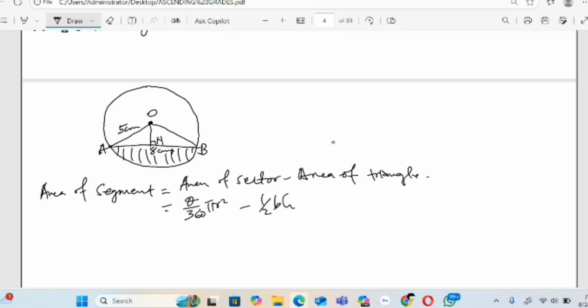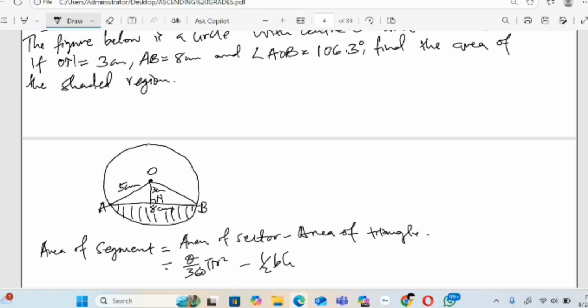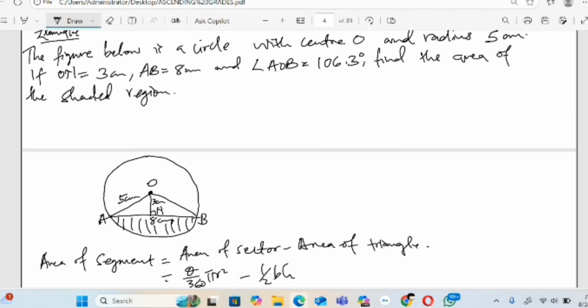Remember, we were given ON to be 3 centimeters in our question. That means that is the height. Now we substitute theta. Theta we were also given in the question, whereby angle AOB is equal to 106.3 degrees.